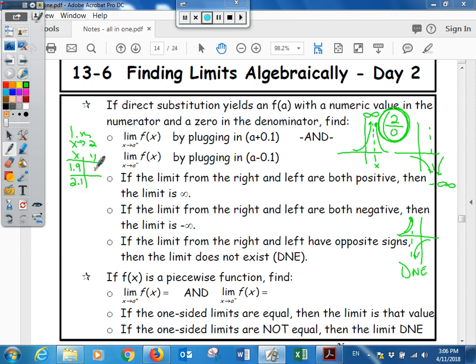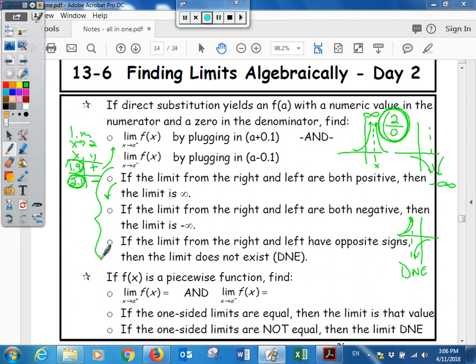When you plug in and look at your y value, you're either going to get a positive result or a negative result. Positive just means that as you're approaching from this side, your graph is heading upwards. A negative result says that as you're approaching from that side, your graph is heading downwards. You're looking for either both positive, both negative, or opposite signs. Once again, if the signs aren't the same on the left and the right, then that limit does not exist.